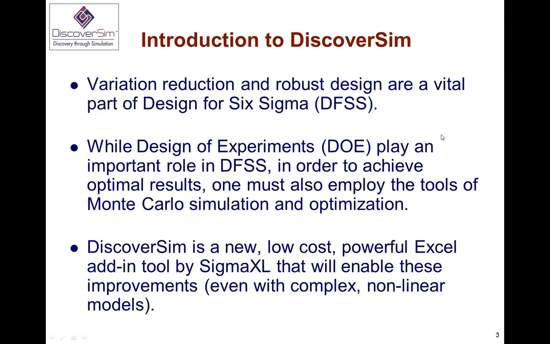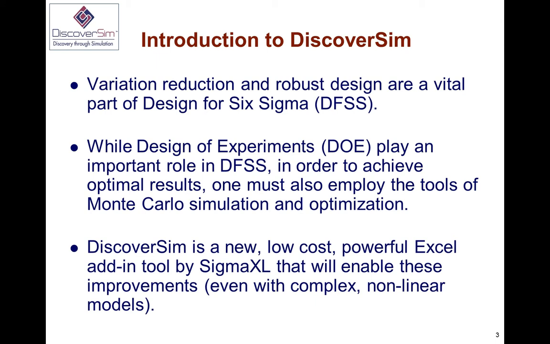To start with, why do we need simulation? Why do we need Monte Carlo simulation? If you're, for example, in a Six Sigma project or doing design for Six Sigma, typically design of experiments is a very important part of the project, and that will result in an equation, a y equals f of x. And that equation is very useful for determining what to work on.